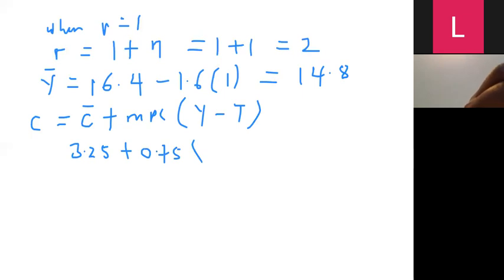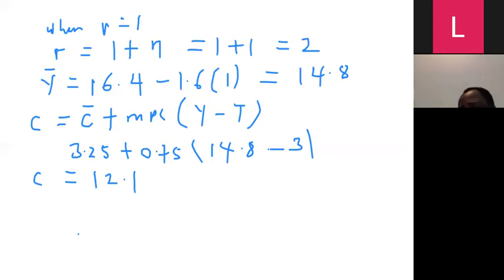Our Y is 14.8, minus our tax, which is 3. So we have 0.25 plus 0.75 into brackets 14.8 minus 3. That gives you 12.1.